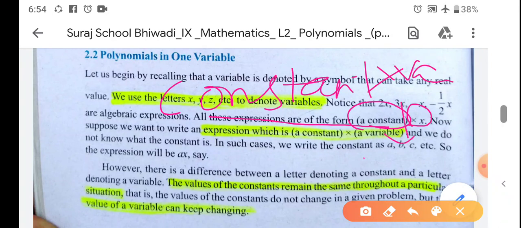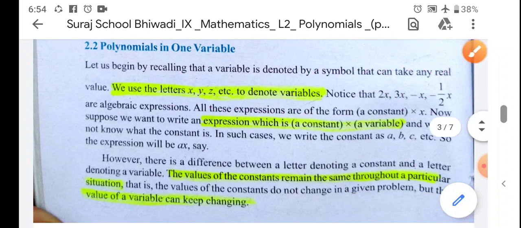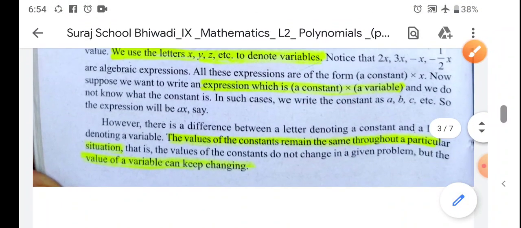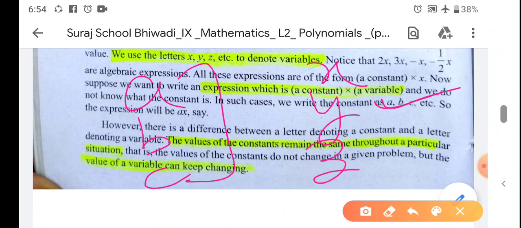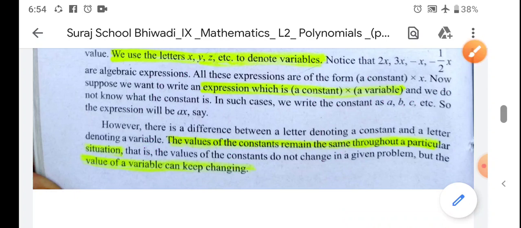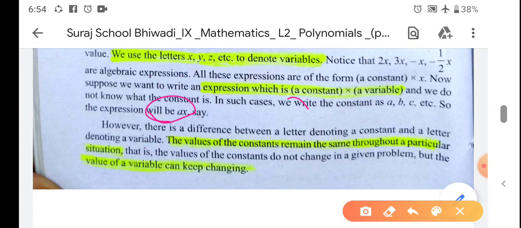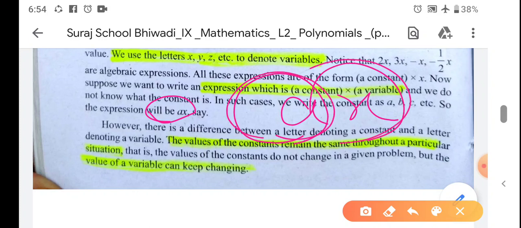Variables are represented by the letters x, y, and z. And we write the constants as a, b, c. And what do we write with a, b, c? Constants. We use a, b, c to write the constants, and we write x, y, z as variables. So the expression becomes ax, where a is the constant and x is the variable.